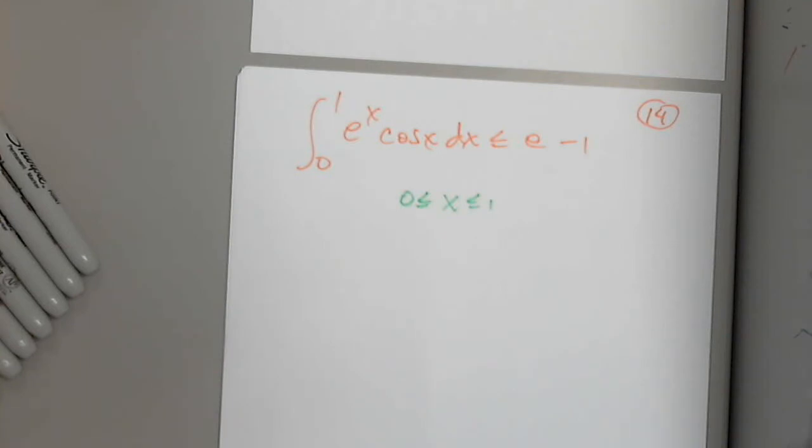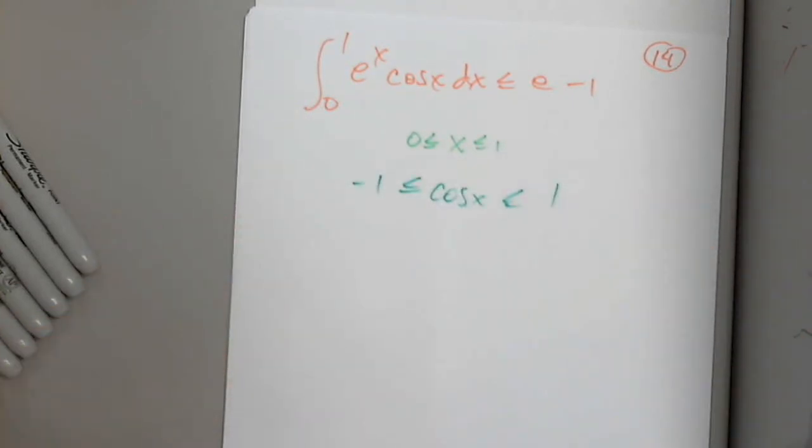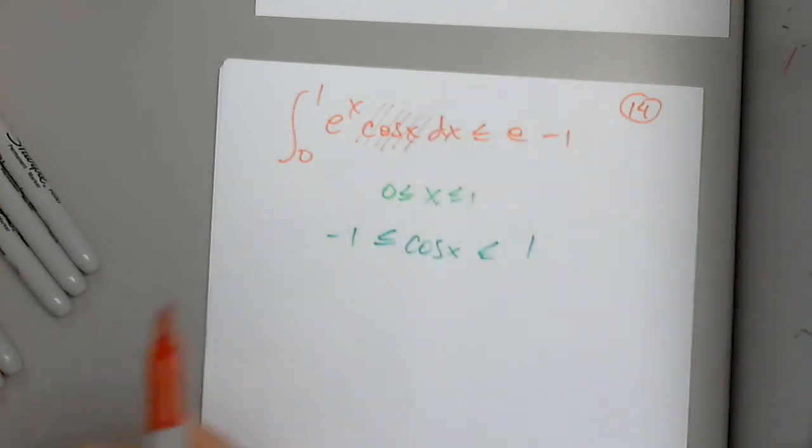Because it's a bounded function. Bounded from below by -1 and bounded above by, excellent. So cosine x is a number between -1 and 1. Undoubtedly. Good.